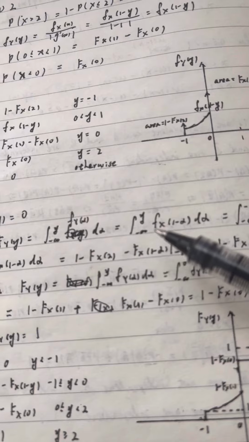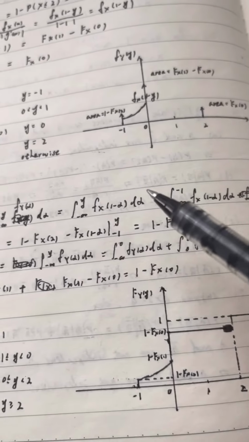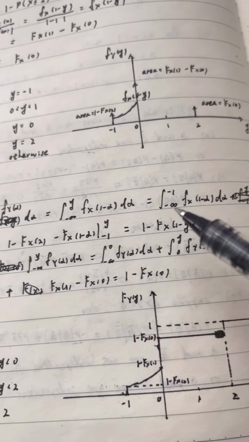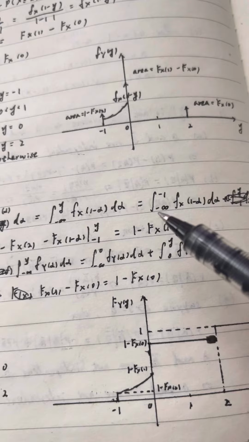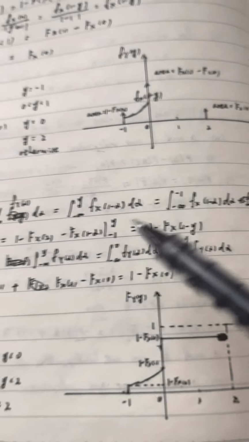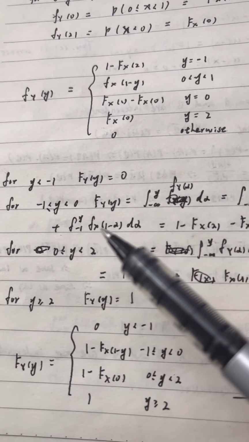So it's equal to this term, and we can separate it into two parts. The first part is the integral from -infinity to -1, and the second part is the integral from -1 to y.